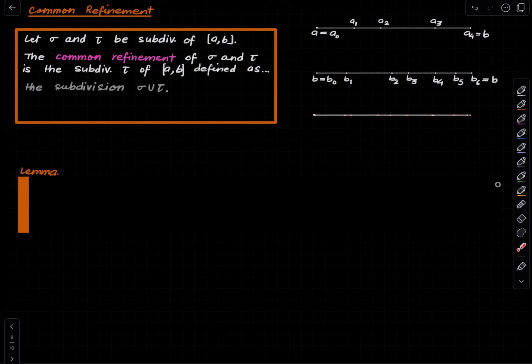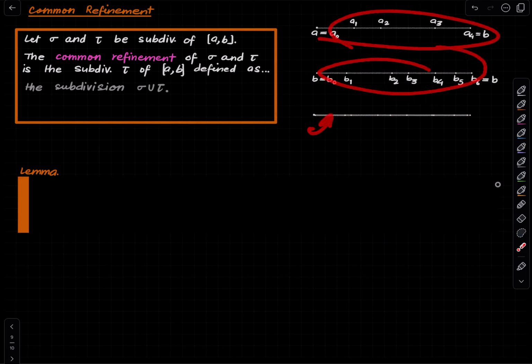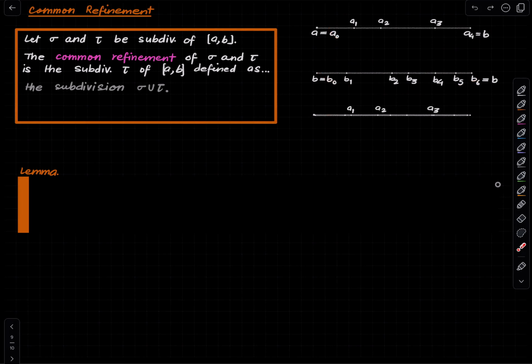Or maybe there is one more here hiding, but that is because of my bad translation. Whatever, I think you get the point. So you take the union of the two sets, you get another set which contains both the left and the right endpoints. And maybe I will translate it one more time just for my peace of mind. This better coincide with that. And now it's a little better maybe. Anyway, so this is sigma union tau, the thing that you see. So I hope the meaning of common refinement is clear. Even the terminology should have made it clear.